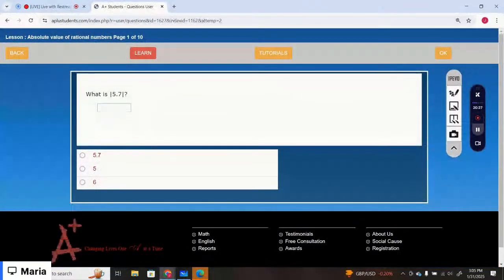Let's just start with the test questions. What is the absolute value of 5.7? That is 5.7. Option number 1 is the correct option.